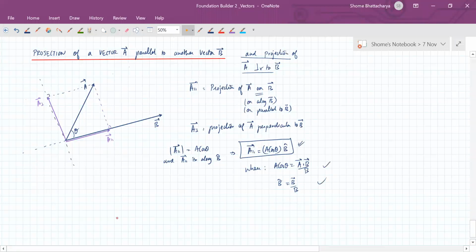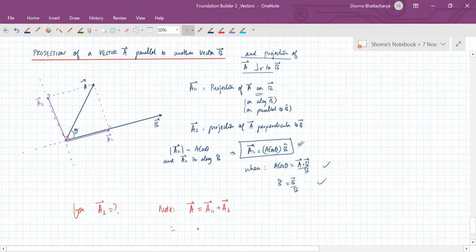Now for A perpendicular, this is where the new thing starts for us today. To find the perpendicular component, first of all we understand that the vector A is nothing but the sum of these two. See in the diagram, the sum of these two is vector A, and this angle is 90.